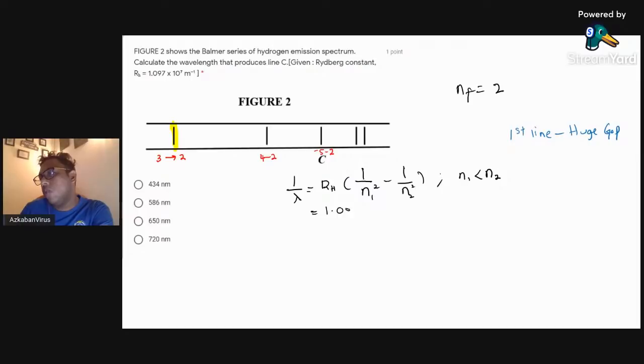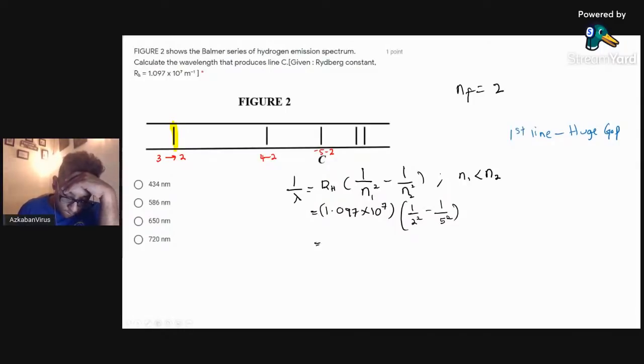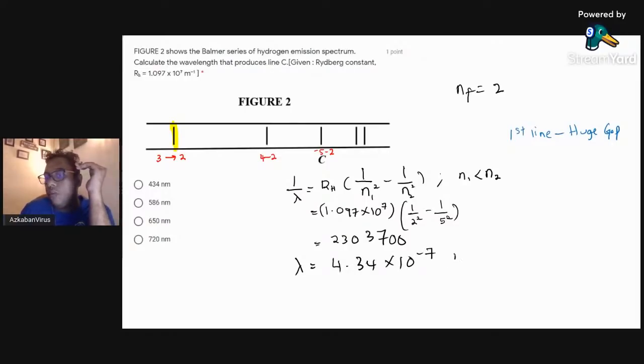This is 1.097 times 10 to the power of 7 times 1 over 2 squared minus 1 over 5 squared. This is equal to 2303,700. So lambda is equal to 4.34 times 10 to the power of negative 7 meter, which is equal to 434 nanometer. So this is our answer.